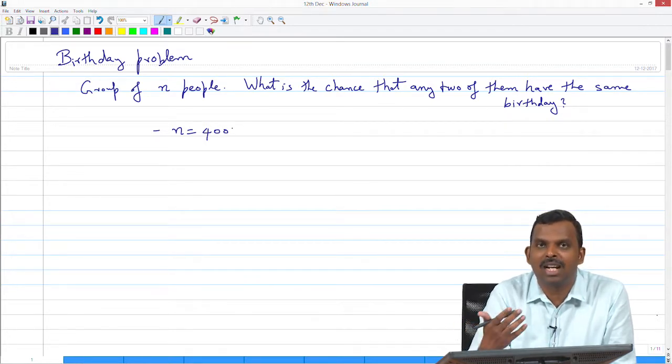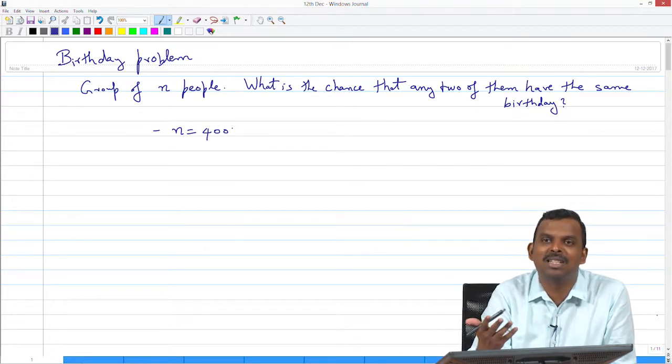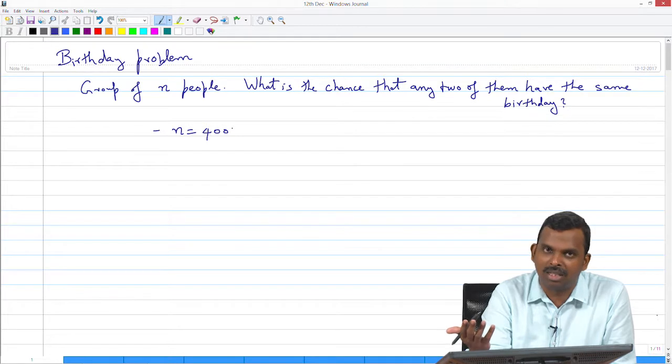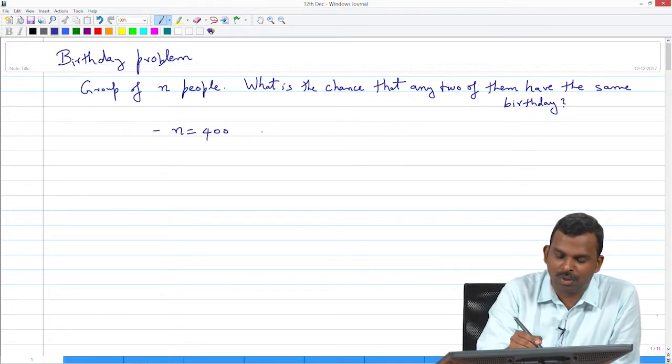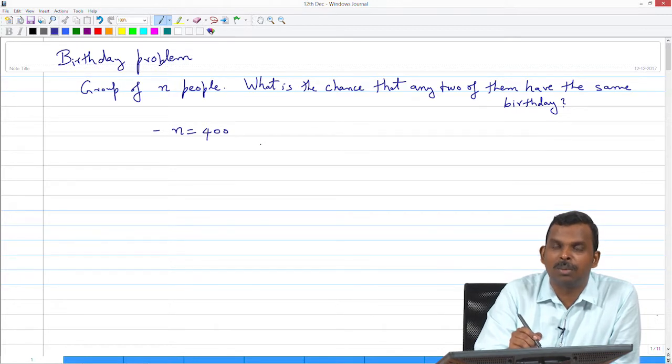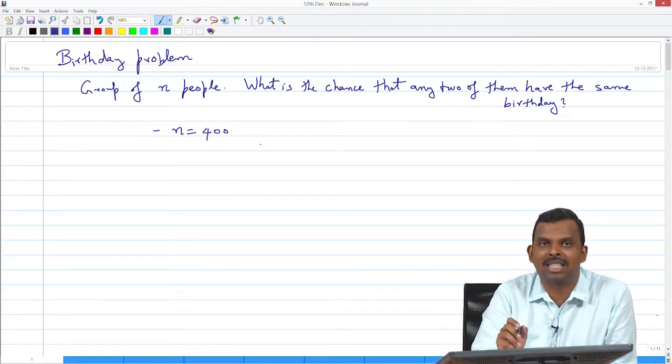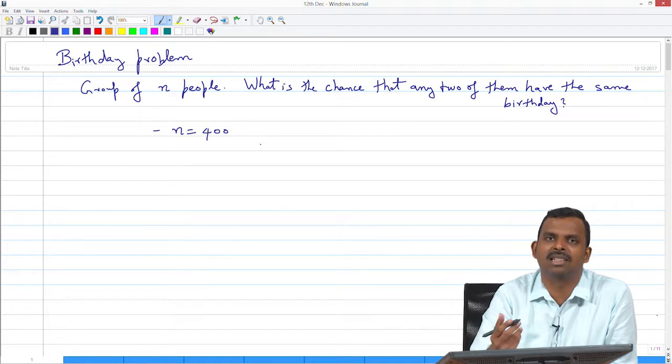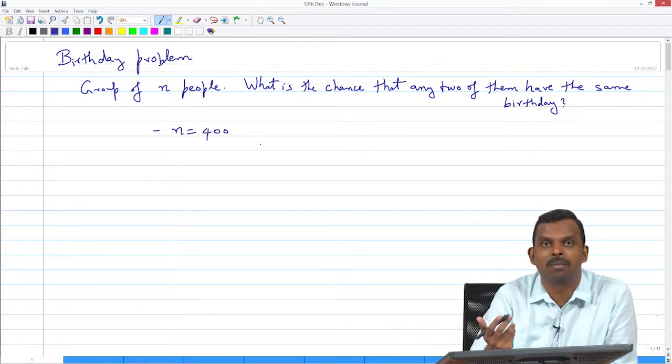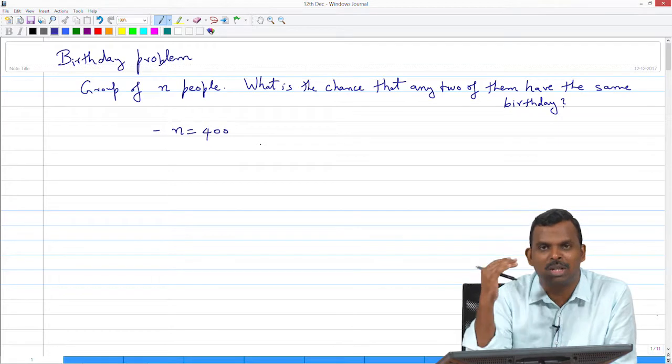If you start assigning birthdays to each of these people, at least two people will share the same birthday. So you imagine the number of people you need before two people start sharing a birthday is of this order, maybe 350 or 365. Something of that order is what you naturally think.